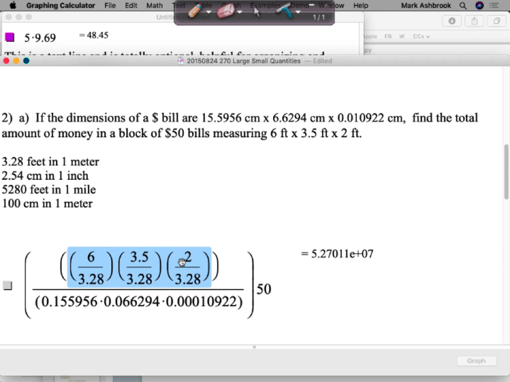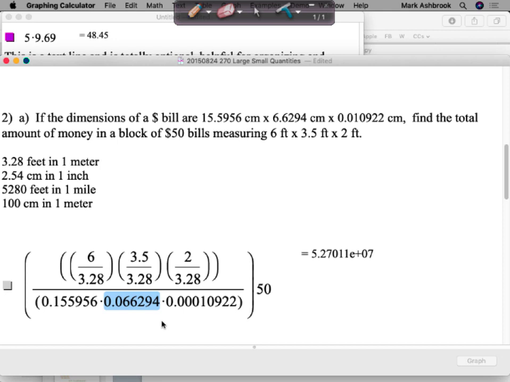That'll be the volume of the block in meters cubed, right? So what you were saying was correct, but you were answering a different question. So each one is the dimension of the block in meters, and then the whole thing will be the volume of the block in meters cubed. And then, what's this right here?